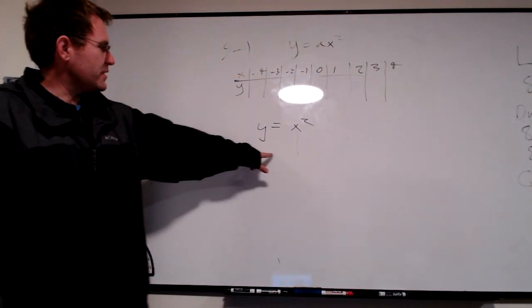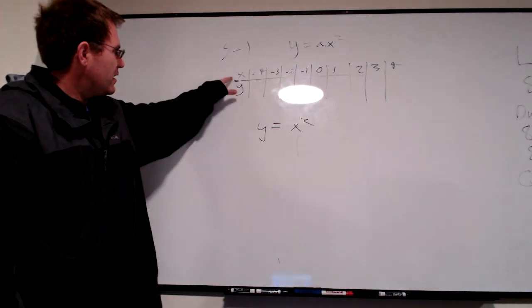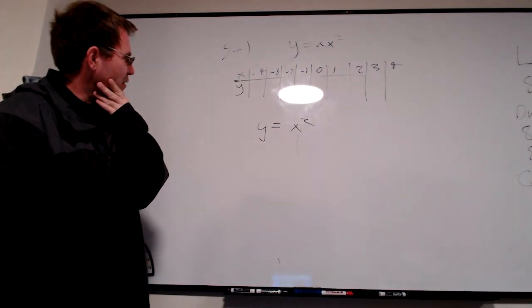If this is our equation and x equals -4, what does that equal?